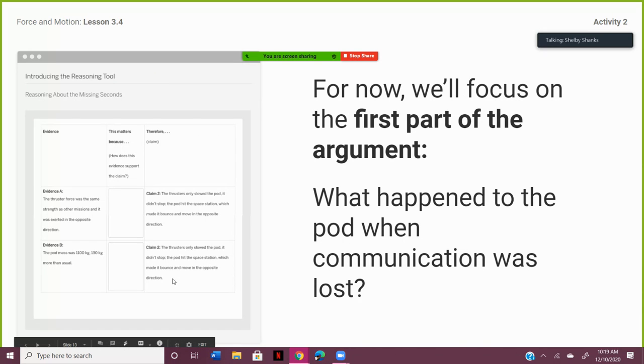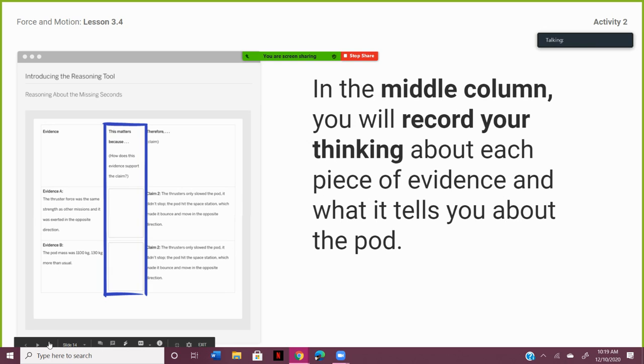This is what we're going to be working with today. All right, for now, we're going to focus on this first part of the argument. And this is what tab 2 is going to be on. This is what it's going to look like. So what happened to the pod when communication was lost? All right, so the middle column is what you guys are going to be filling out. You're given the evidence. You're given the therefore column.